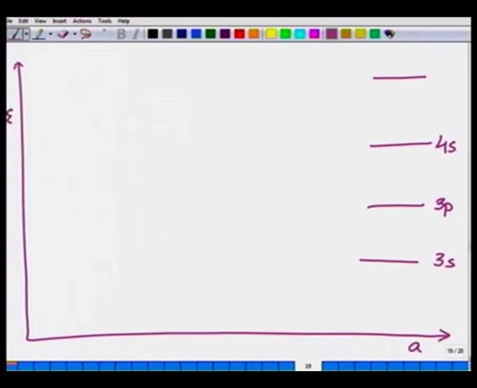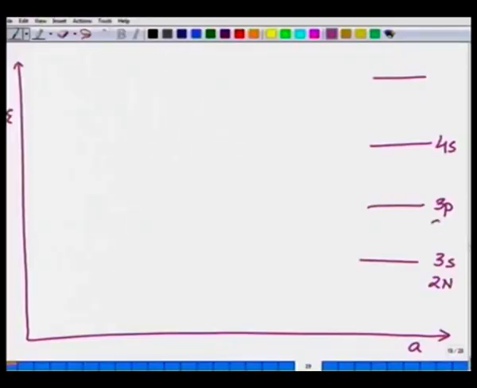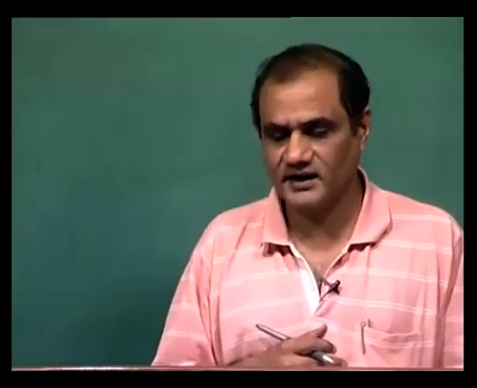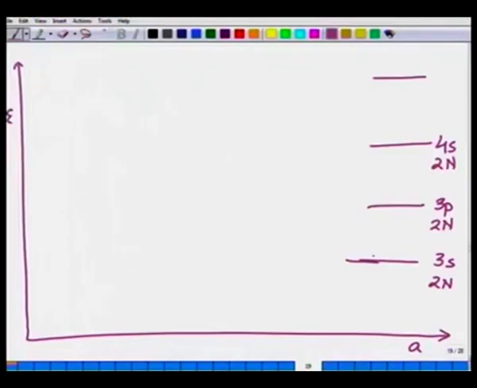Suppose there are n such atoms, then I have 2n electrons in each of these levels, and they are all sitting at the same energy because they are non-interacting atoms far apart. Now start bringing them close. As you bring them close, what happens to the electrons in this level? Since they start interacting, these energy levels will start splitting.